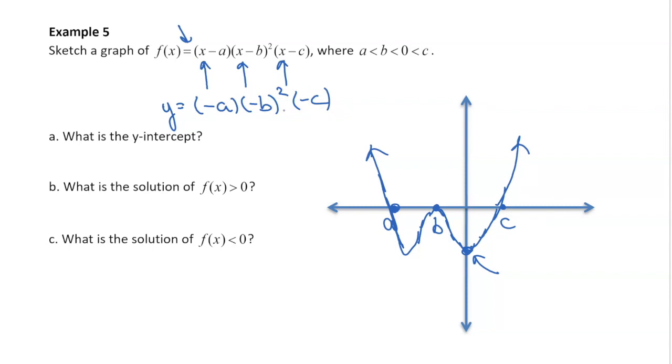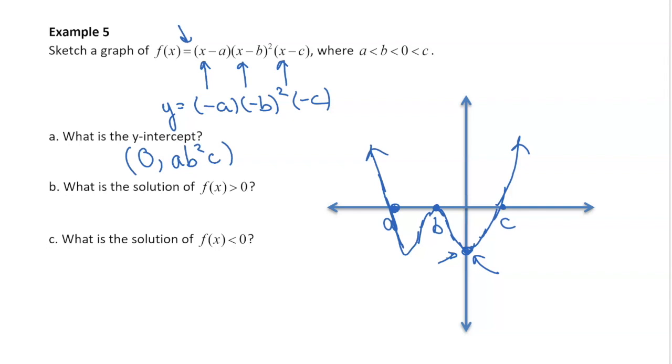And if you're to times those all by each other, it's going to equal a b squared c. And that's our y-intercept. And so even though it looks like that might be a positive value, as you can see, it's located below the x-axis. So it's a b squared c is representing a negative number.